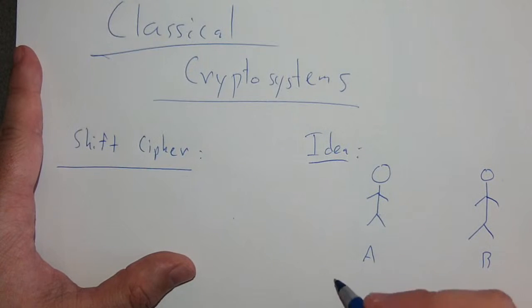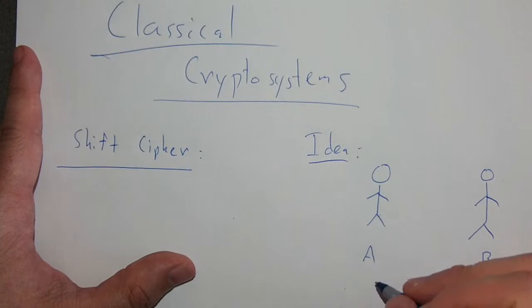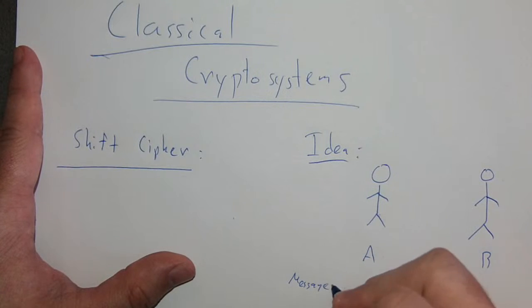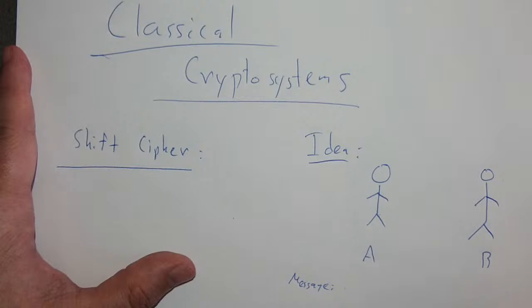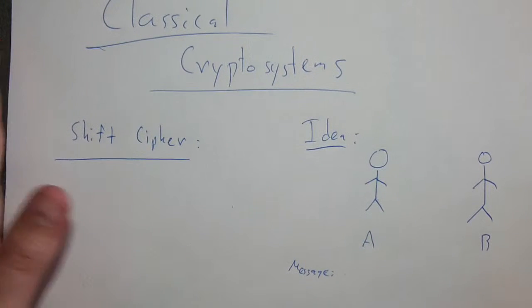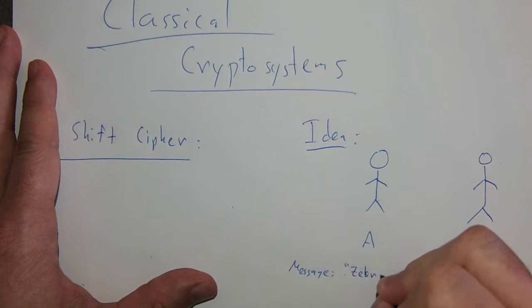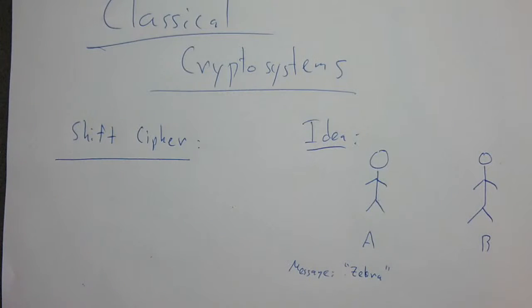So there exists some message that wants to be sent. We'll say that the message is a single word. Since this example is used in the textbook, we'll say the message is zebra. Okay, that's it. Apparently, if person A says this, person B will presumably understand what they mean.